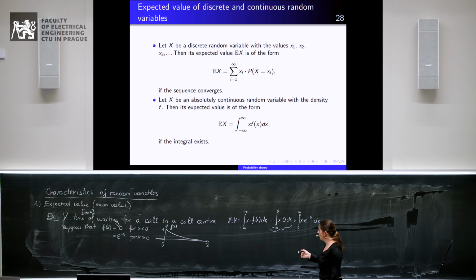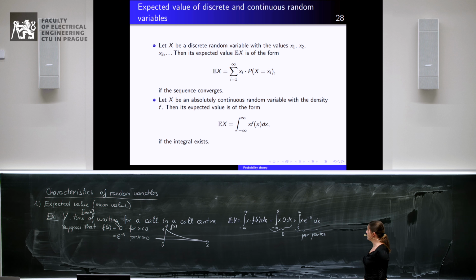The first integral is again equal to 0. The area below this function must be equal to 0. And the integral of the rest must be calculated by the so-called per partes method. What does it mean?